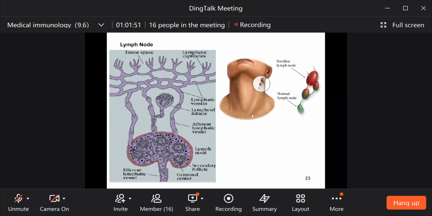So the lymph node will be bigger than before, right? If you understand it, you can see the lymph nodes are a very key organ for immune response.